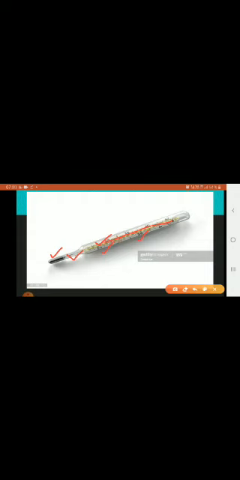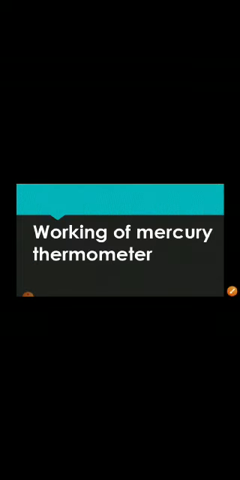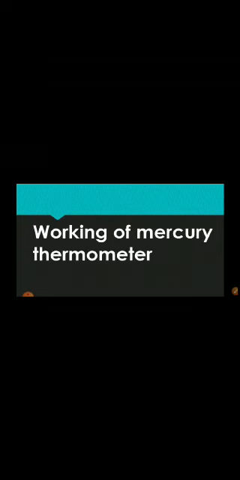Now I will tell you the working of a mercury thermometer. Okay students, the bulb of the thermometer is placed in contact with the body. Here you can see in the left portion, I told you this bulb is filled with mercury. This portion we will keep in our mouth or underarm.